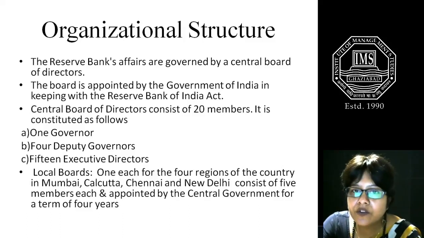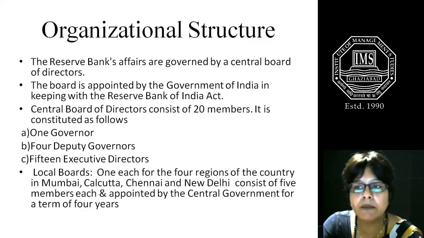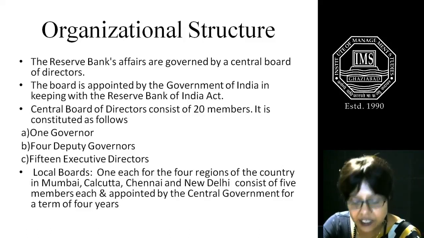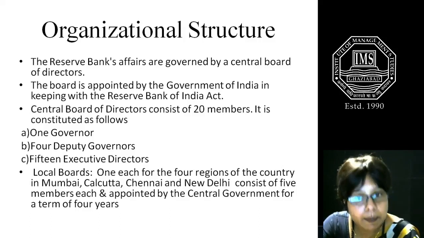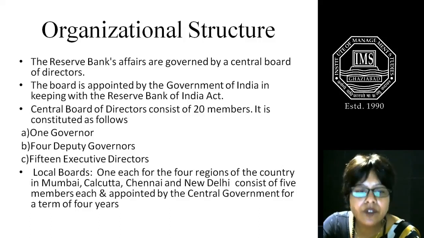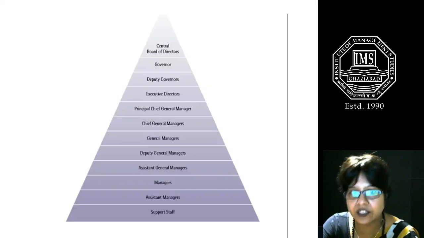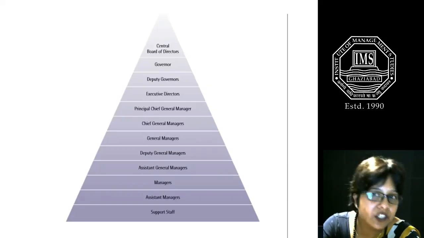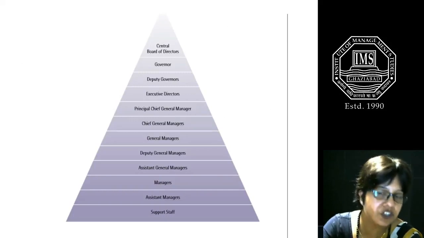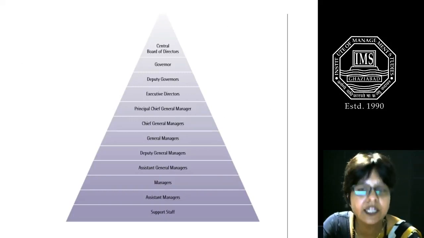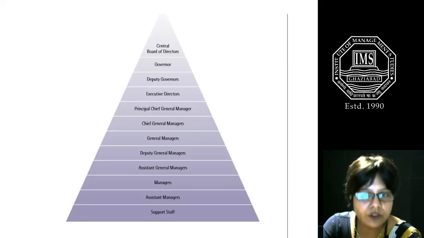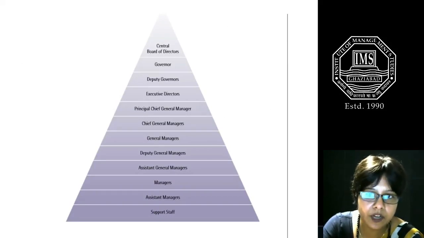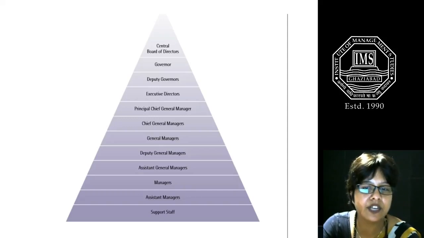The Central Board of Directors consists of 20 members, and these 20 members are 1 governor, 4 deputy governors and 15 executive directors. We can very well see that the topmost portion, the Central Board of Directors, consists of people from the lower 2 segments: governor, deputy governors and executive directors.